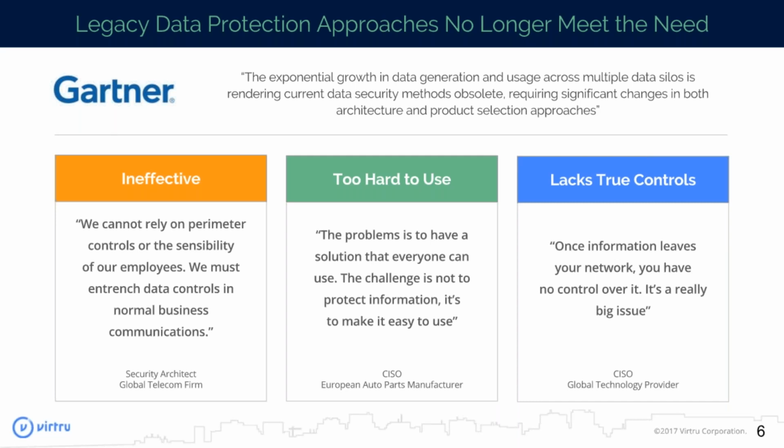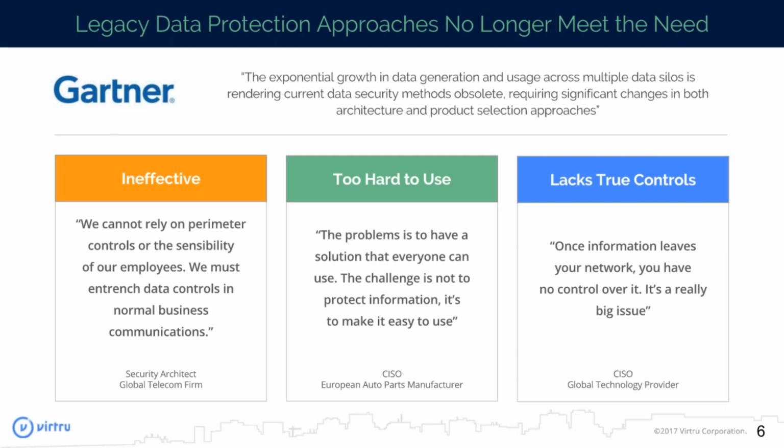But as quoted here in this Gartner study, as we think about next generation platforms and as we're moving into cloud environments, you also need a significantly different approach to data protection from the architecture standpoint.